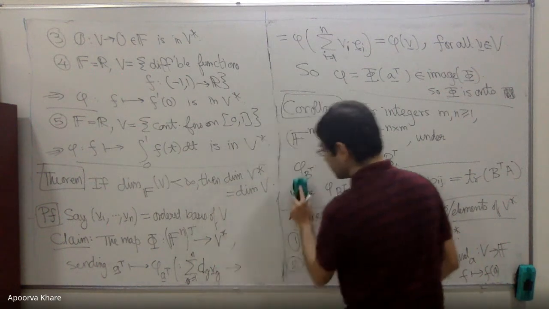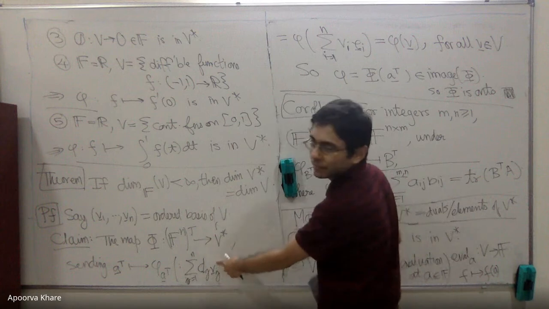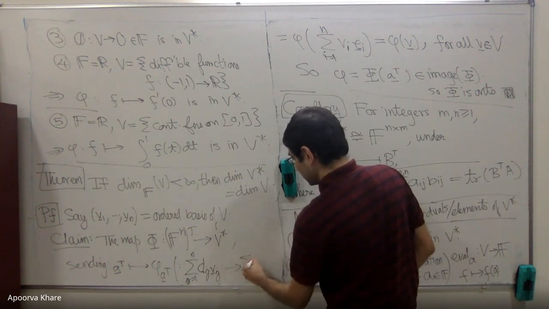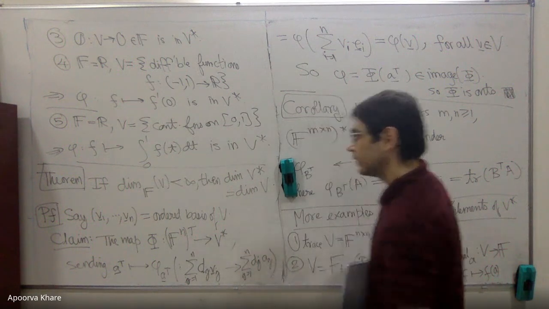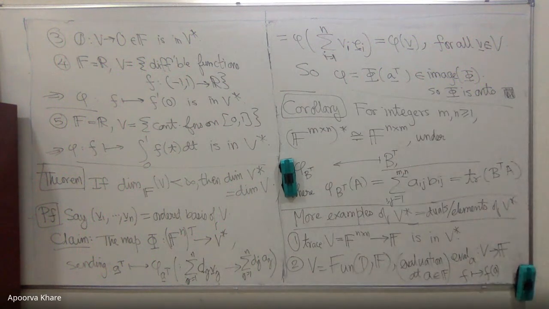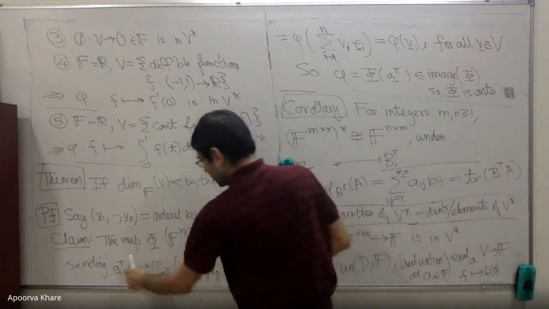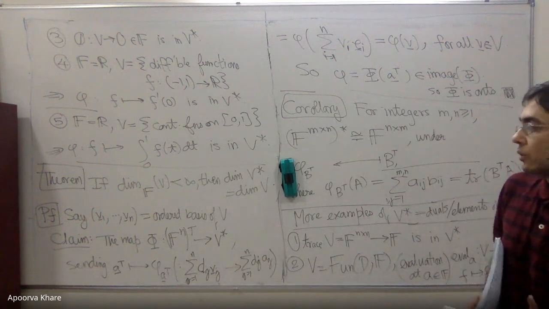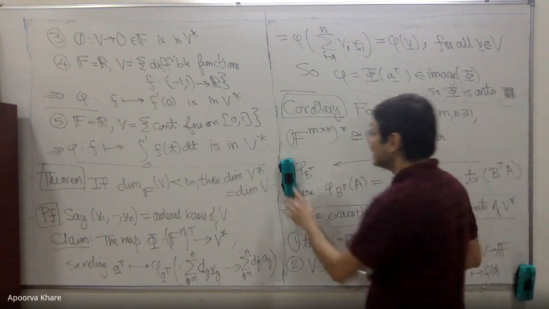So this phi of A transpose literally just says instead of the ejs let me write vjs, but do the same thing to summation bj aj. The map capital Phi, sending a row vector, a transposed row vector, to this linear transformation, to this function, is indeed a linear isomorphism.